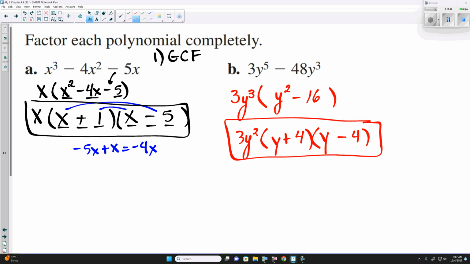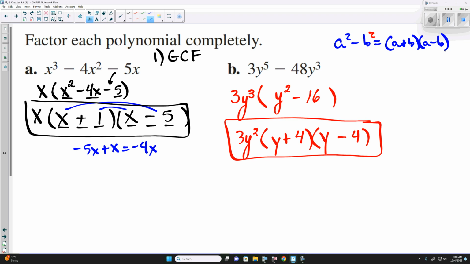So we have y plus 4 and y minus 4. The way we got that so quickly is a squared minus b squared is a plus b times a minus b, where a and b are the numbers that square to give us our squared terms. In this case, a is y and b is 4.